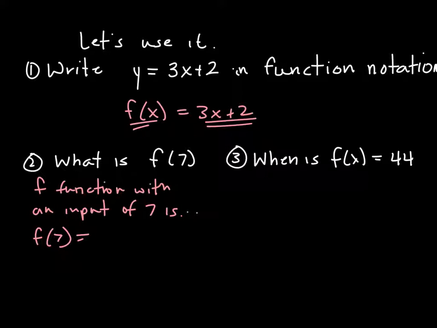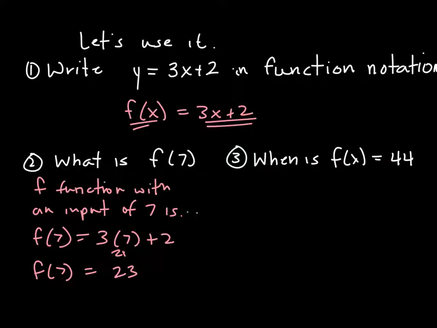And I write the calculation side, so 3, and now instead of an x, I'm using an input of 7. So I'm simply saying to you, 3 times 7 plus 2 has an answer of what? So we write it as f of 7, so 3 times 7 is 21, plus 2 is 23.